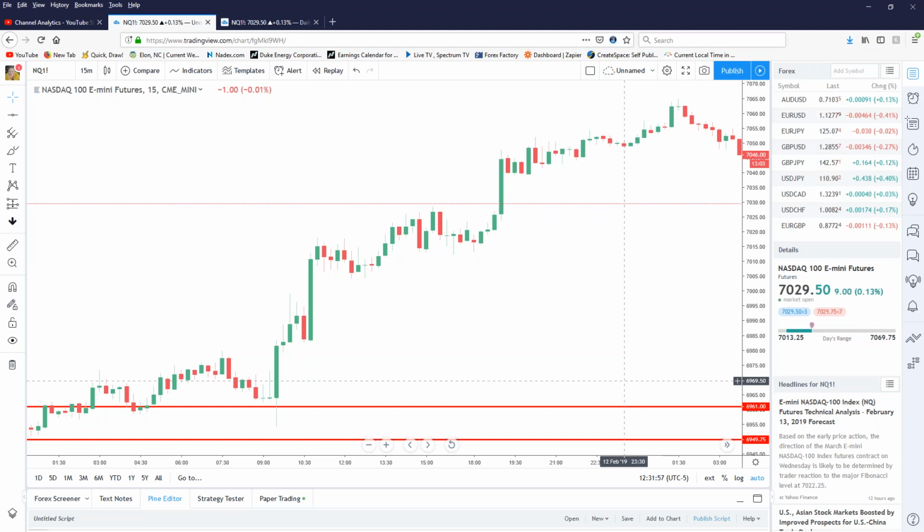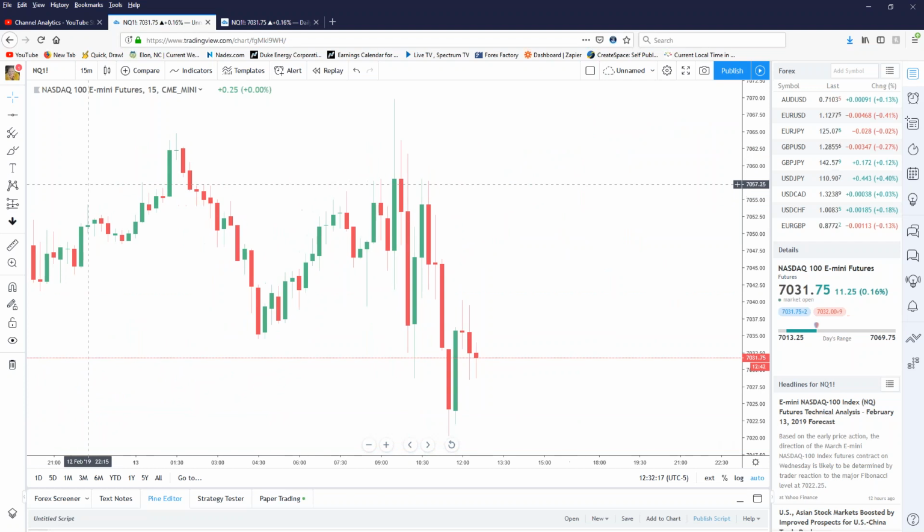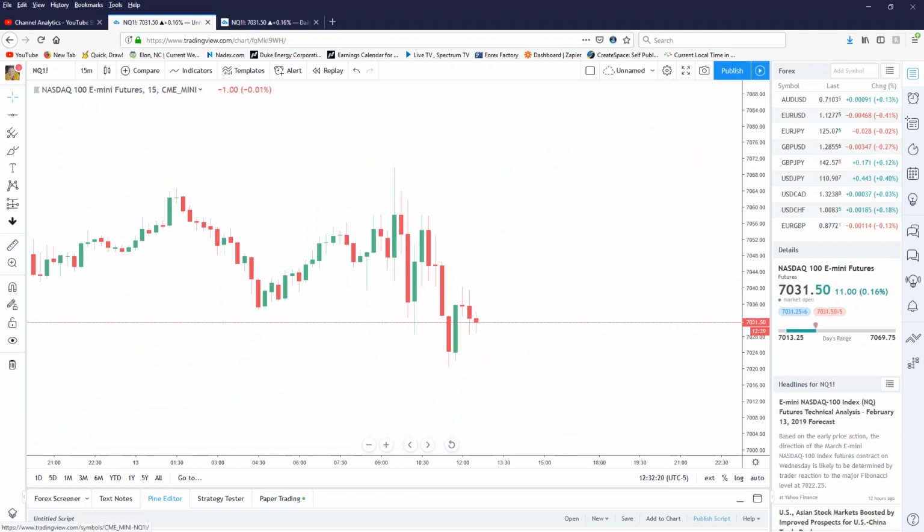Whereas with the touch brackets, you don't have that increase in premium, which is why I love it. Any questions, guys? It's been a wild day today.